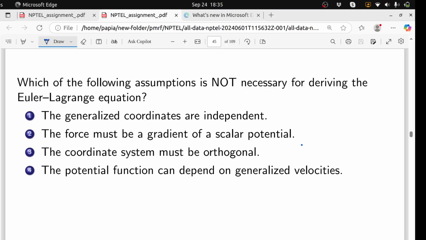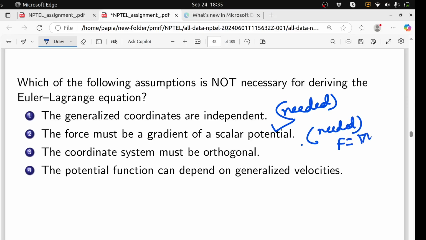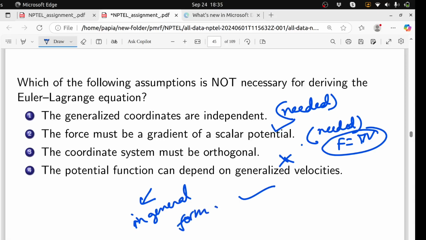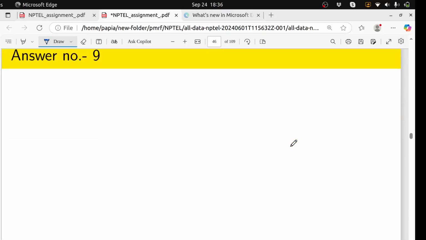Yeah, that is true, needed. The force must be a gradient of the scalar potential. That is also true, because I told that force is minus grad phi, so grad phi should be there. The coordinates must be orthogonal. No, not needed. The potential can depend on generalized velocities. That is also fine in general form. So which is not needed?